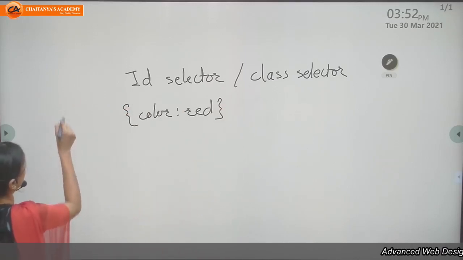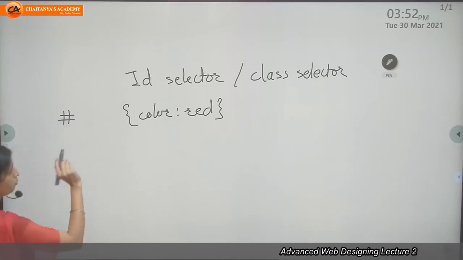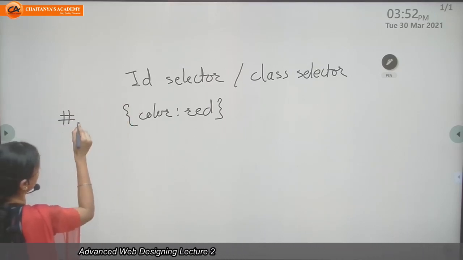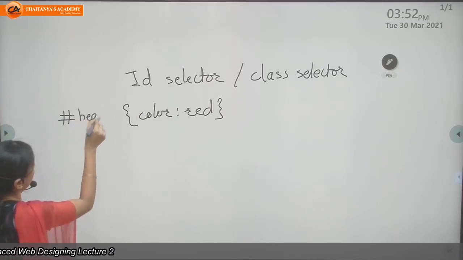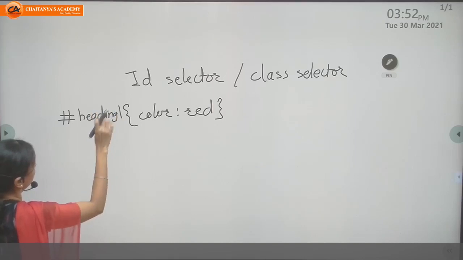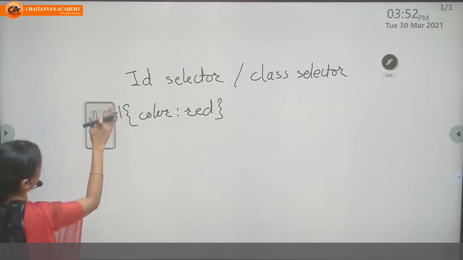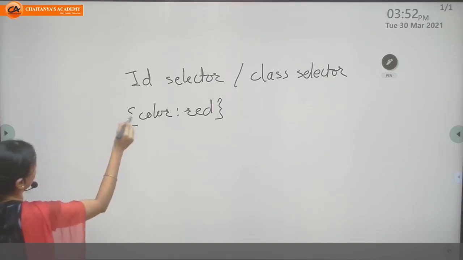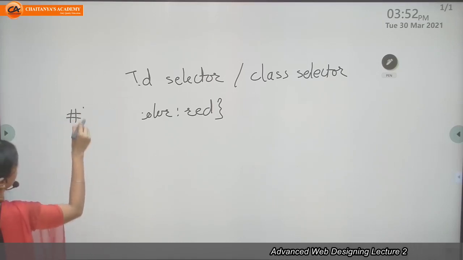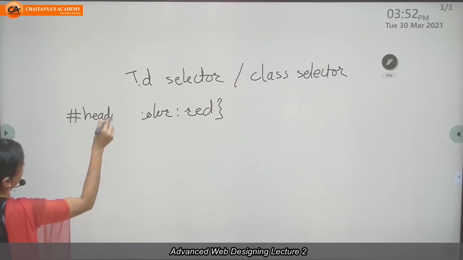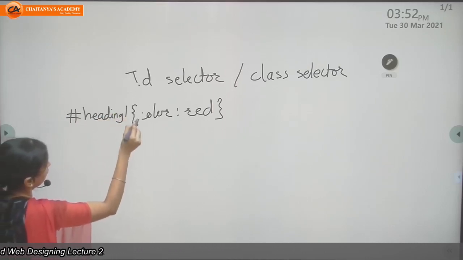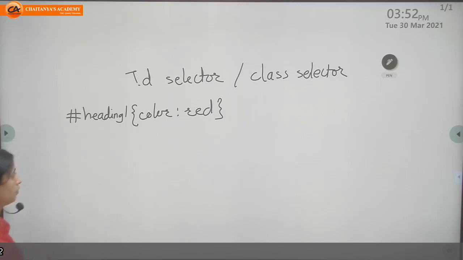How can I define it? I can define an ID selector by using the hash symbol, and then the name, whatever I want to give. Name: heading 1. So, hash heading 1, color red.